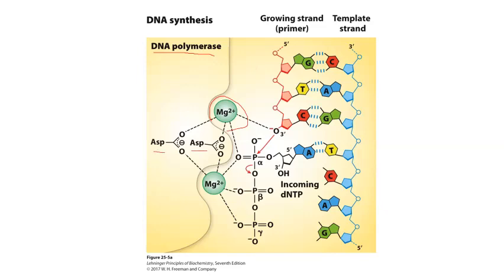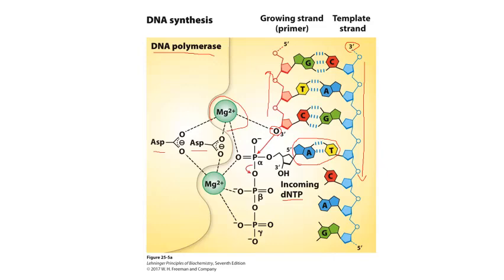So here is our template strand of our DNA going from 3' to 5', and our growing primer strand, and this is the 3' oxygen that is going to be part of the interaction with the new nucleotide triphosphate. The new nucleotide triphosphate comes in here, and we can see that the new nitrogenous base is forming a base pair with the template strand.